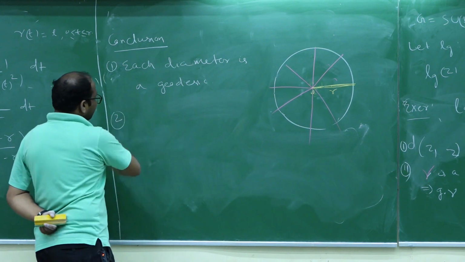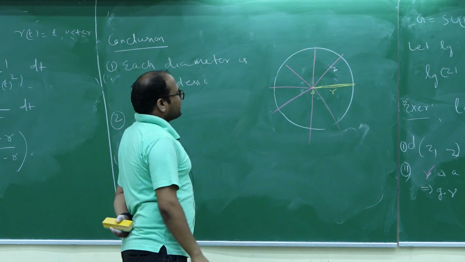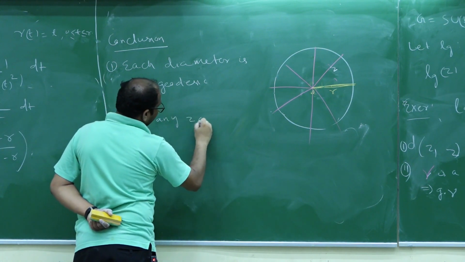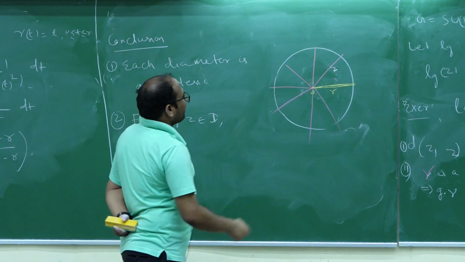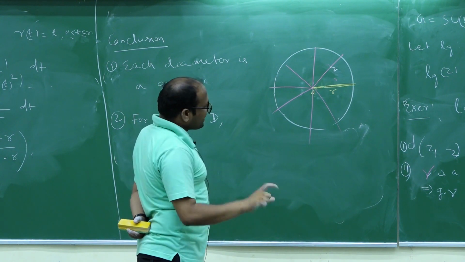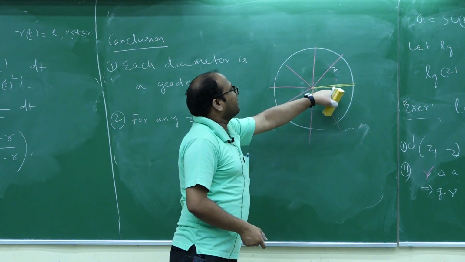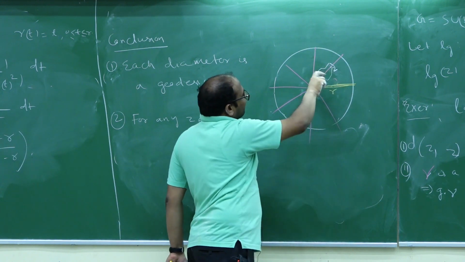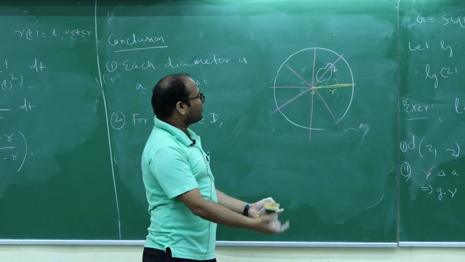So the second conclusion is what? If you take any z belonging to D, of course the radius which contains z is a geodesic, but that is also the unique geodesic, because if here you got two geodesics, and you rotate that to this line, then you would also get two geodesics here, and that is not possible.